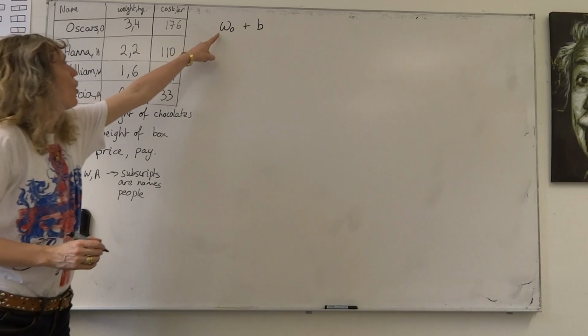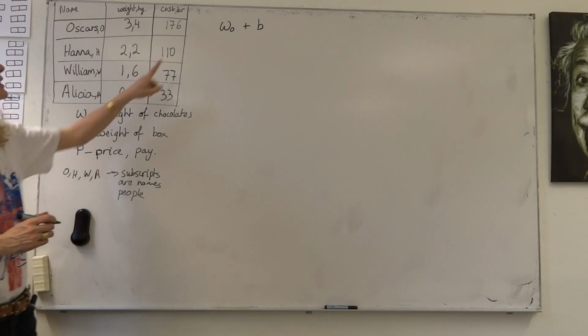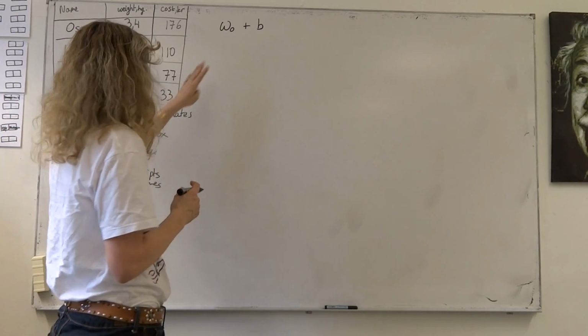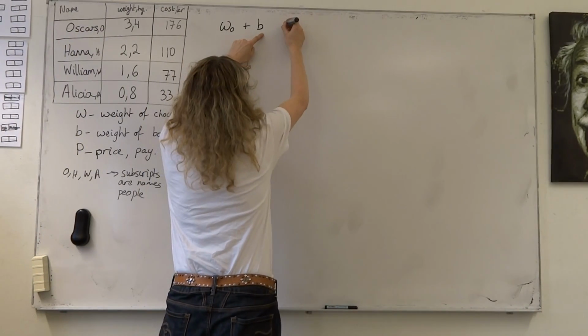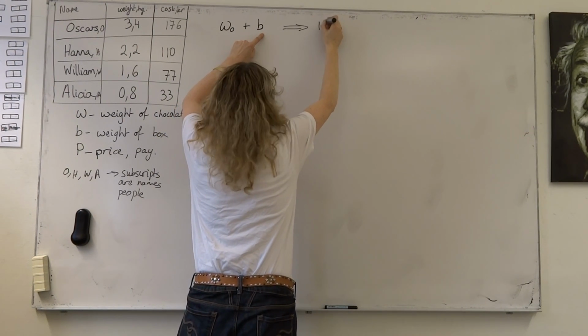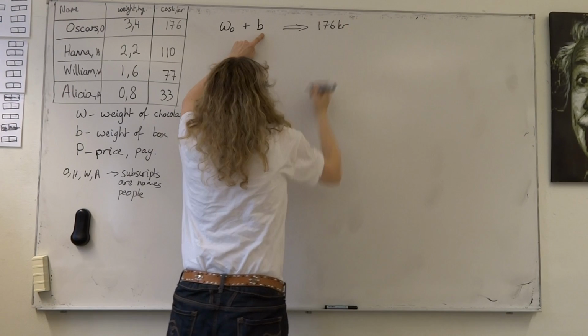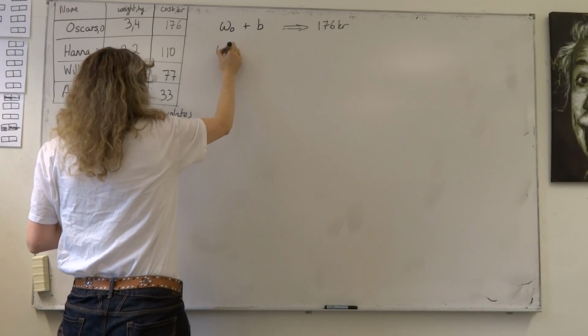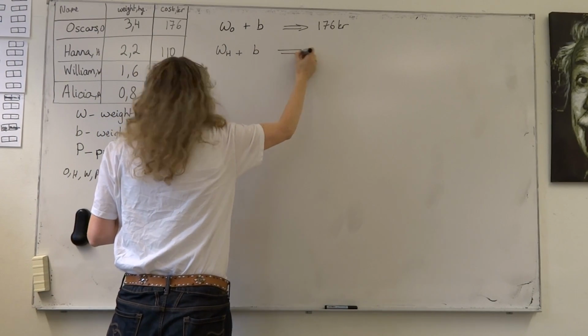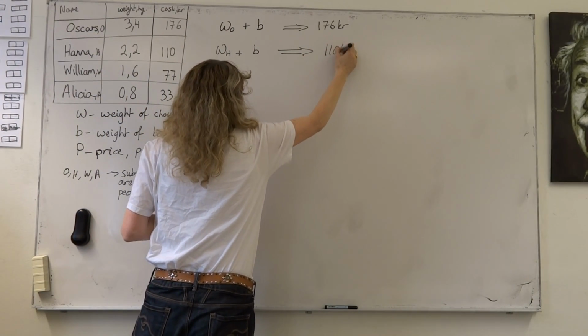So the weight of Oscar's chocolates, Oscar is a subscript here, plus the weight of the box, we don't know what the weight of the box is yet, is going to cost him 176 kronas.